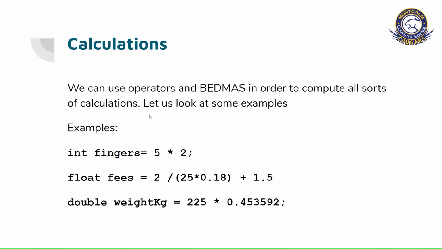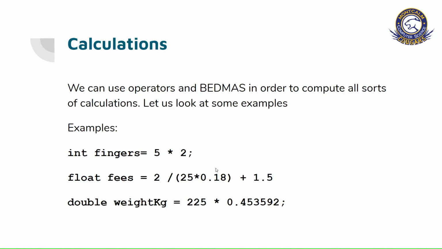Here's an example right here. The way this is calculated, it will make the calculation in the brackets before it does this calculation and then adds on 1.5.